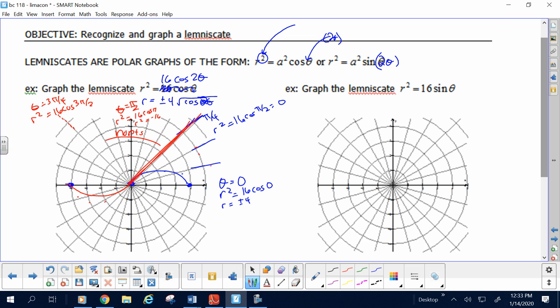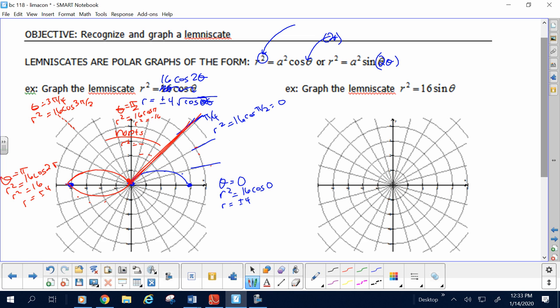At this point, R squared stops being negative and starts being something again. And you'll start to get points again and again, getting bigger, going from 0, until you put in pi again, and R squared is 16 cosine of 2 pi, or 16, so R is again 4.